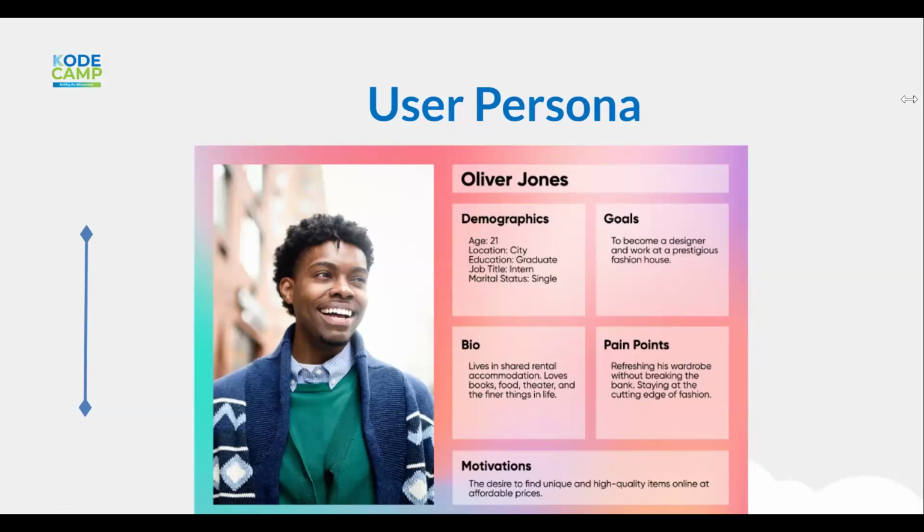All right, my question is that you said a persona is like a collection, a representation of what many users think. But why is it that you named this one Oliver Jones? You said it's a fictional user?